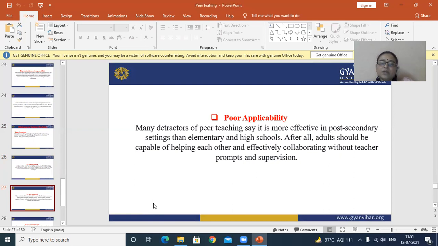Poor applicability. Many detractors of peer teaching say it is more effective in post-secondary settings than in elementary and high school.